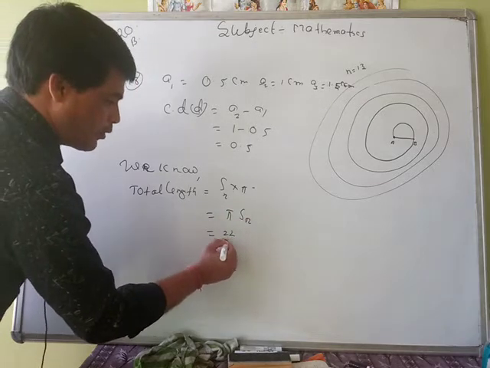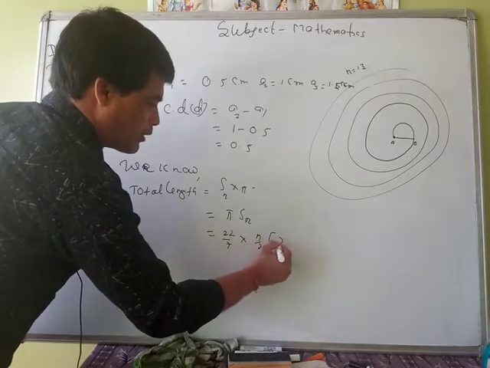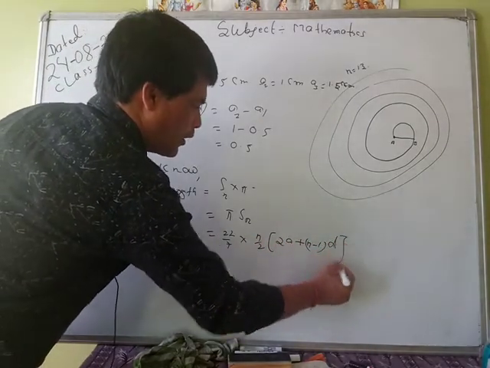The pi value 22/7 is given. Then the Sn formula is n by 2 bracket start 2a plus n minus 1 into d.